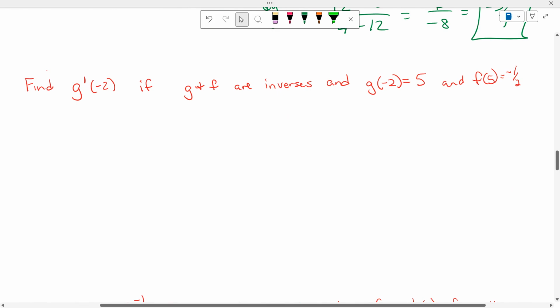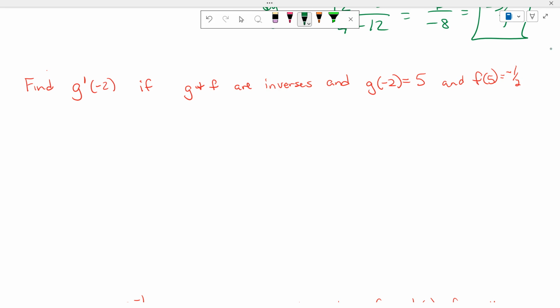Inverses. Find the first derivative at negative 2 if g and f are inverses, and g of negative 2 is 5, and f prime of 5 is negative 1/2. So what do we do?